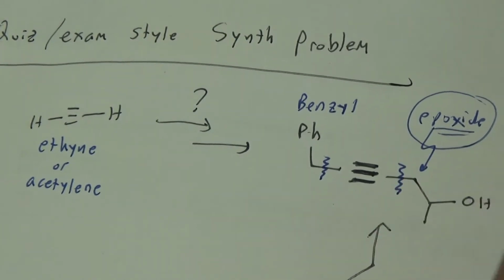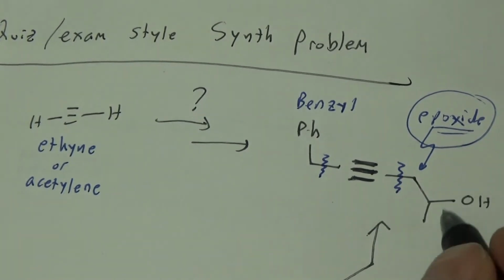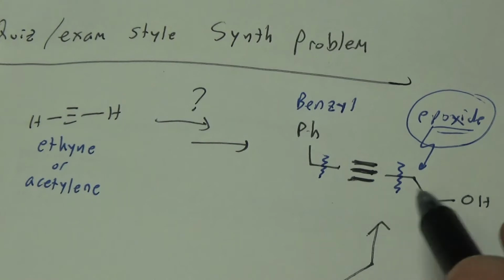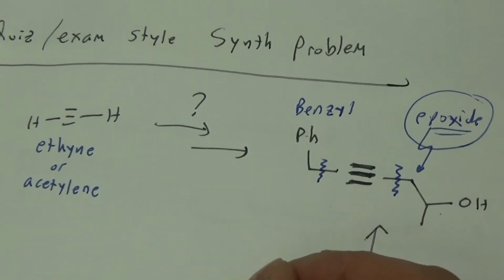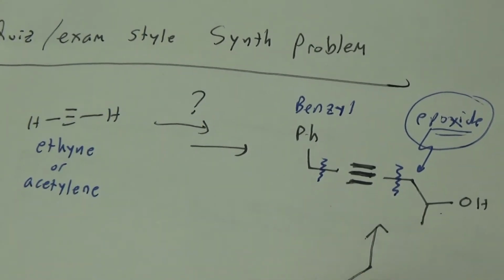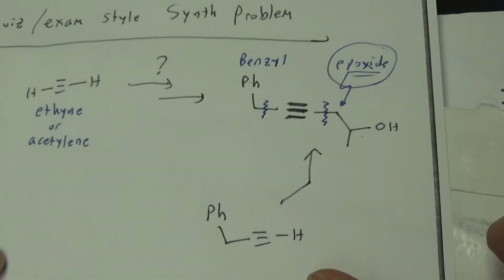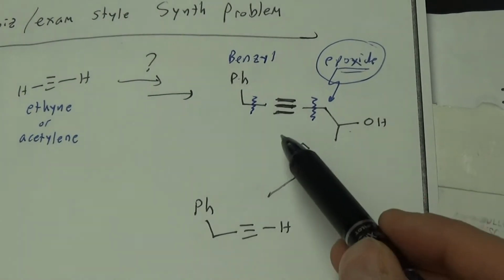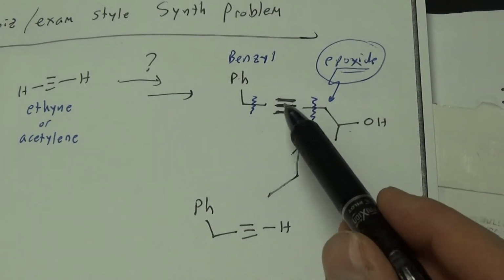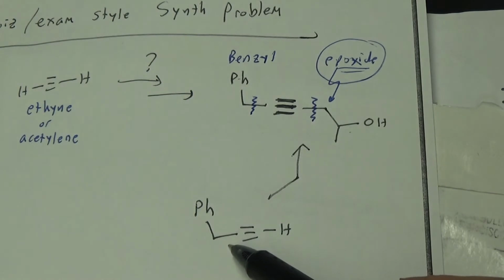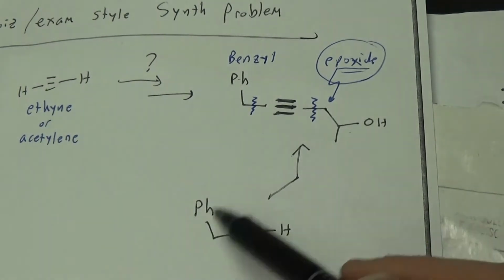Putting it all together, if we're going to attach the epoxide second, then we assume we have the benzyl already on the alkyne, and we'll do that as we work our way backwards.